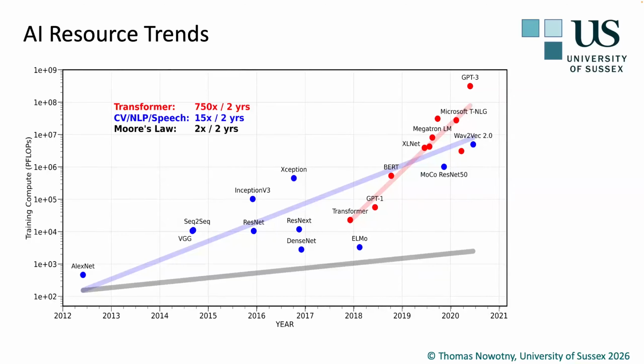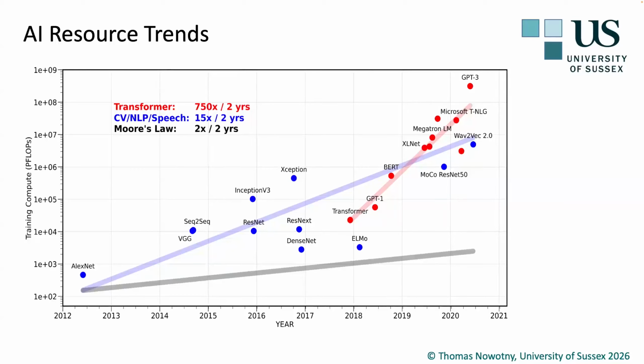And GPT-3, there was this nice article back then, already used as much energy as the lifetime of about 4 cars, or about driving a car to the moon and back. So this is already a lot of energy.